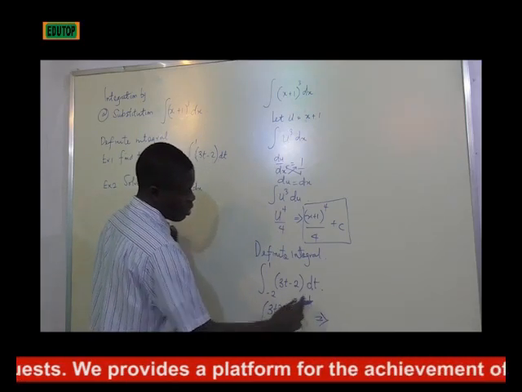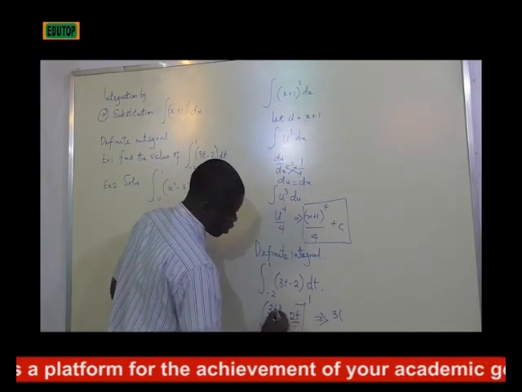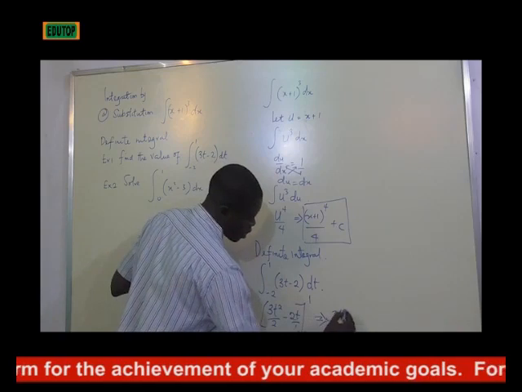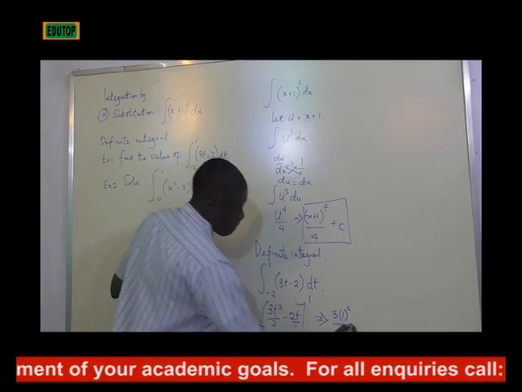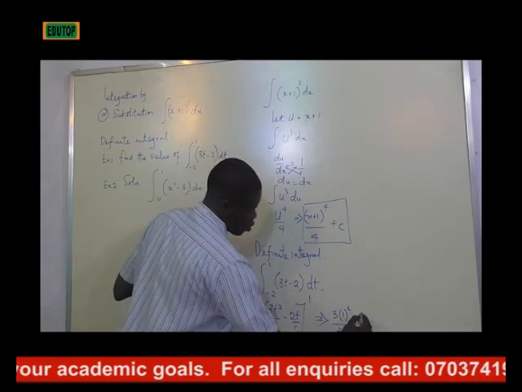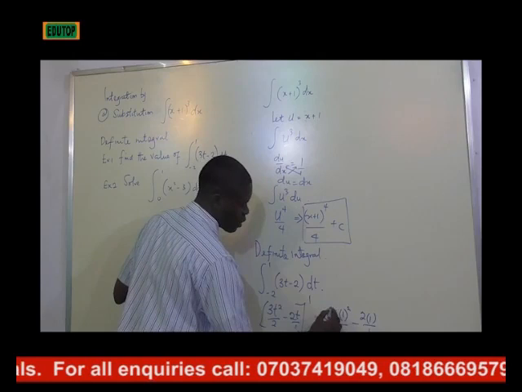The first case, you have 3 into t squared, that will now be 3 times 1 squared over 2, minus 2 into 1 over 1. That's the first case.